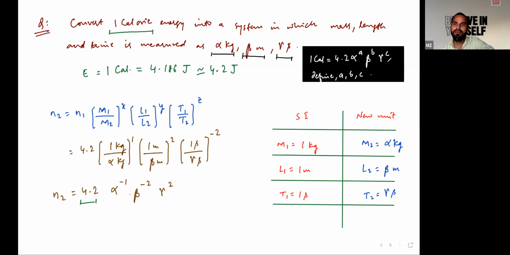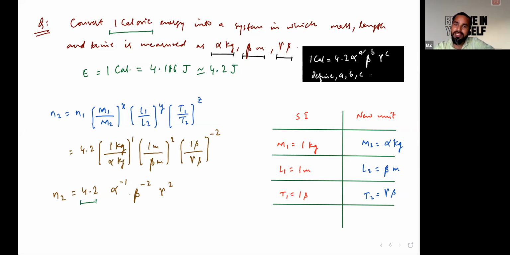So could you repeat that again? This question may be asked in this way as well. They would ask you to convert 1 calorie of energy in this system, and if the expression on converting comes like this, then define the exponents A, B, and C. So just convert as we have done, and just compare the exponent of alpha.